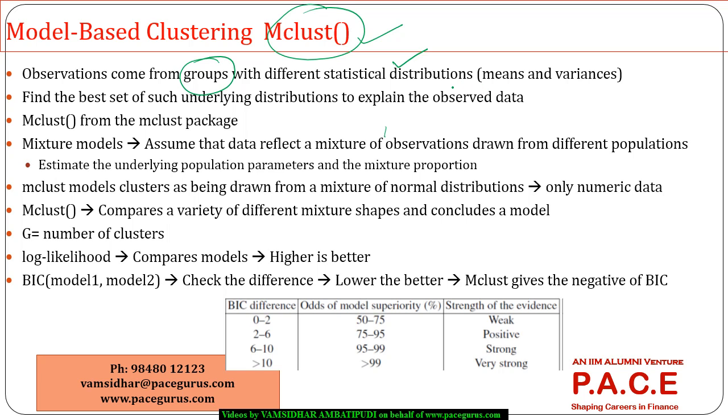So when I am saying different statistical distribution, the means and the variances of each of the observations are completely different. The objective of this algorithm is to try to find the best combination of the groups of such underlying distributions so that you can explain the data much better. And this is executed through the Mclust function from the mclust package.